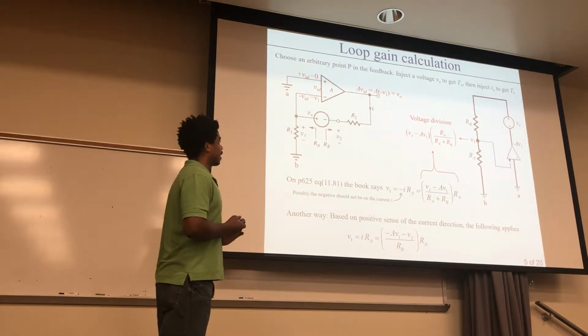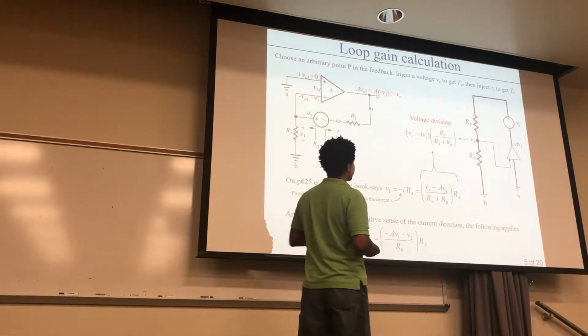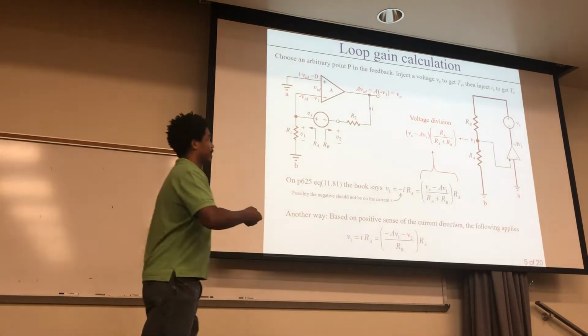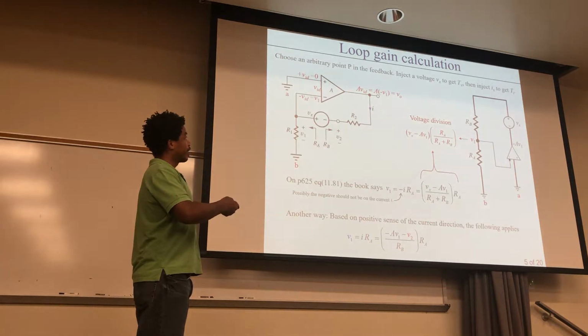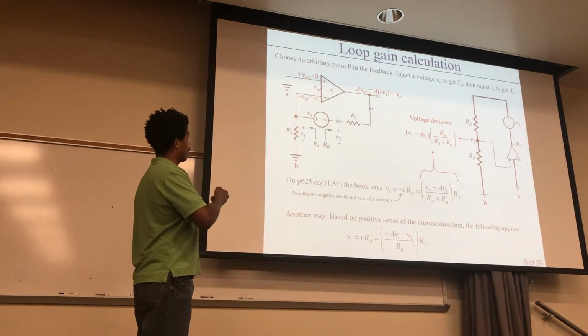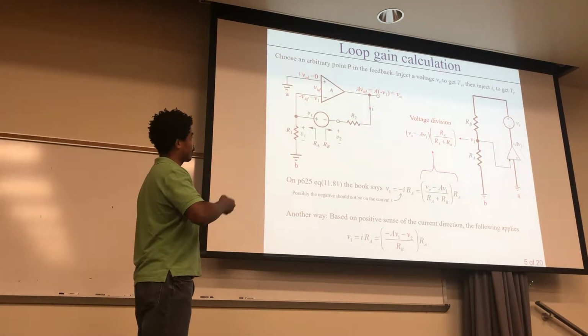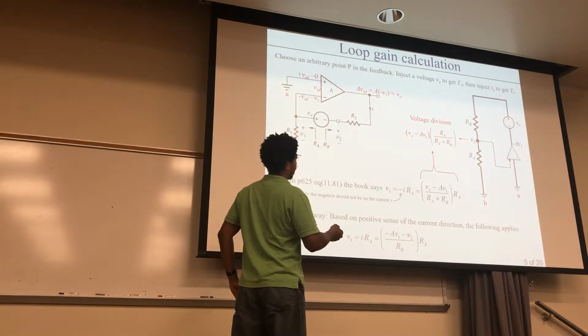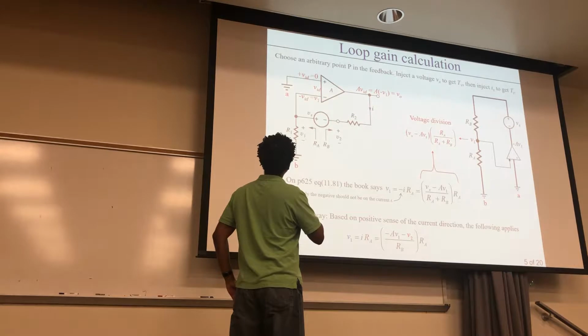The idea is that this path right here is what is going on right here. We start off at this ground, go through this op amp, and then go through this voltage.